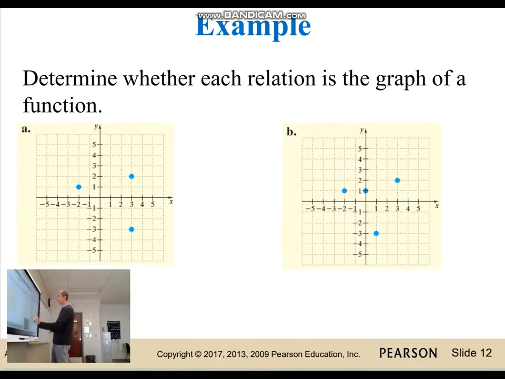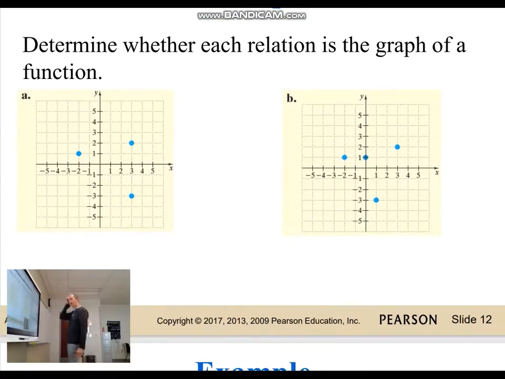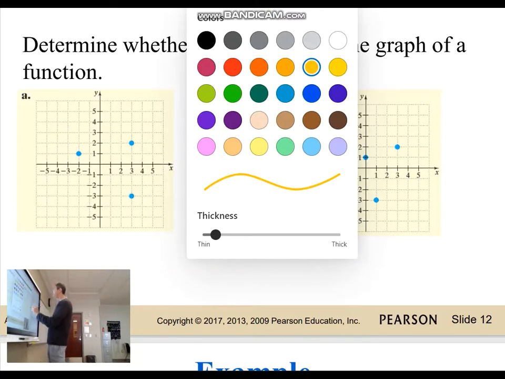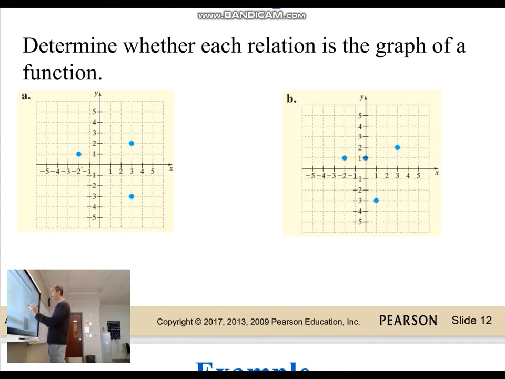And we can see this on a graph, how to identify this on a graph. Check this graph here, is this a function or not? We have x equals -2, y equals 1.